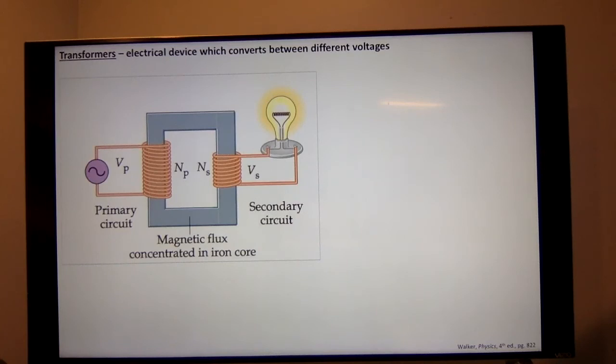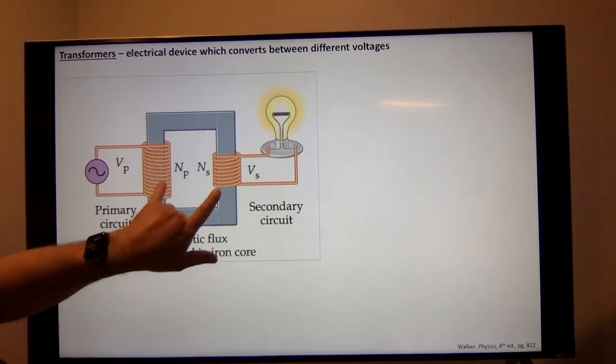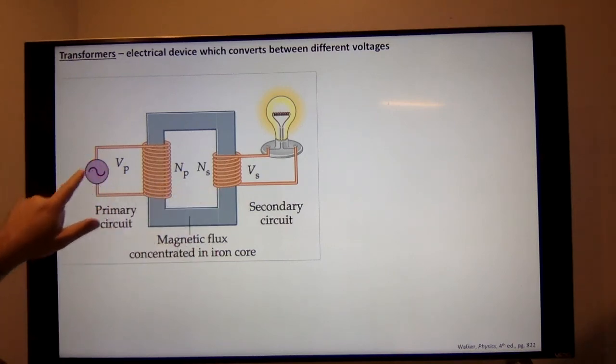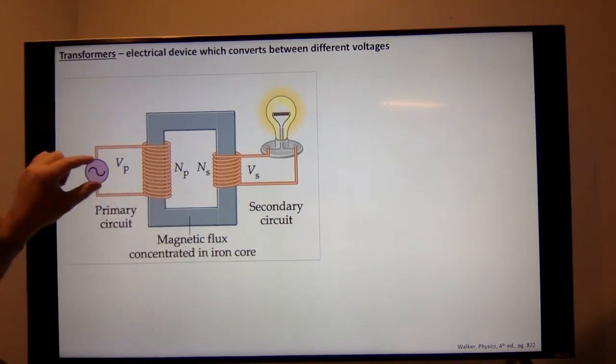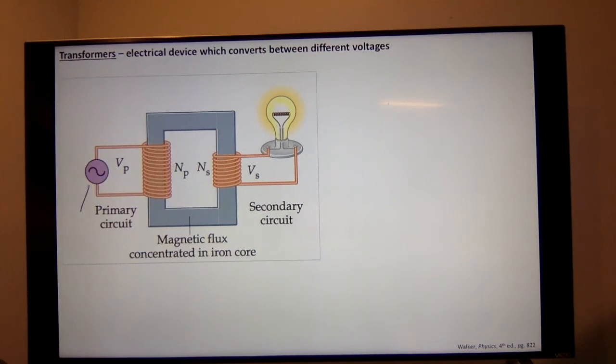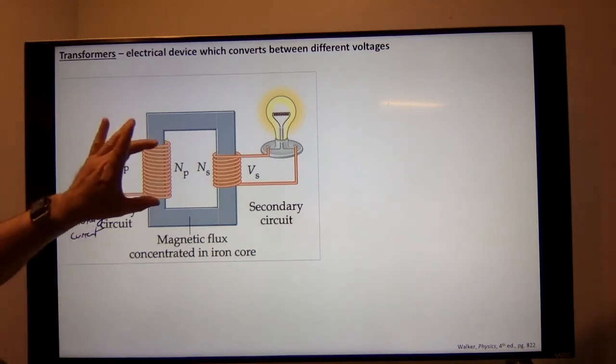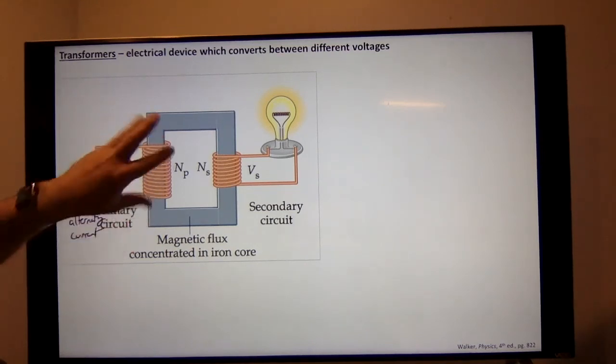Transformers are another application, and we're not going to do anything with the calculations of this. Let me just point out that this is an electrical device which converts between different voltages. If you take a look at this diagram, I'm going to put in some electrical energy, specifically in the form of alternating current, which means that the magnetic field created by this coil of wire is always in flux.